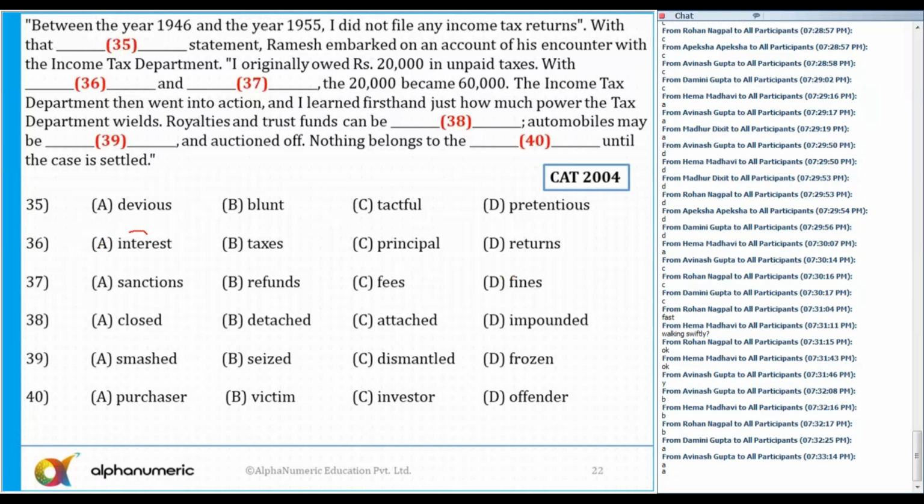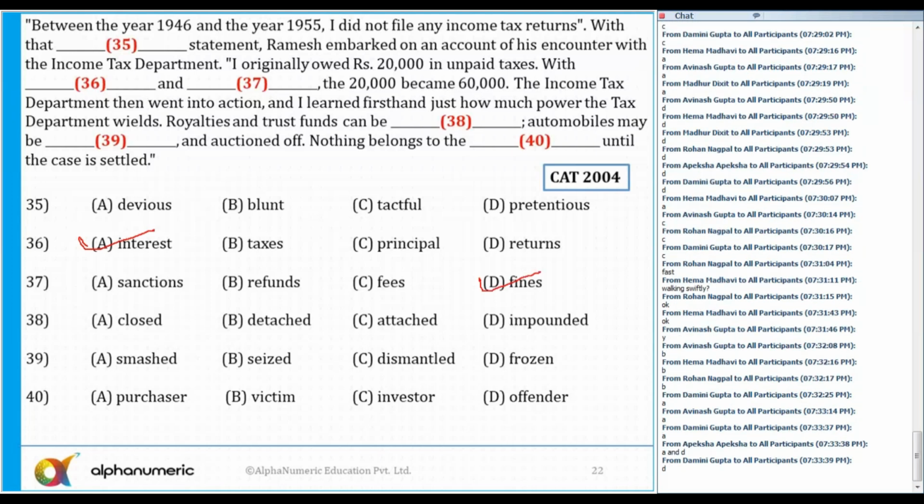On the tax there is going to be interest, and there's going to be fine, penalty. Interest and fine. Yes, A and D. So the original amount is 20,000. On this 20,000, there is interest and fine. 20,000 became 60,000. Income tax department then went into action, and I learned firsthand just how much power the tax department wields.